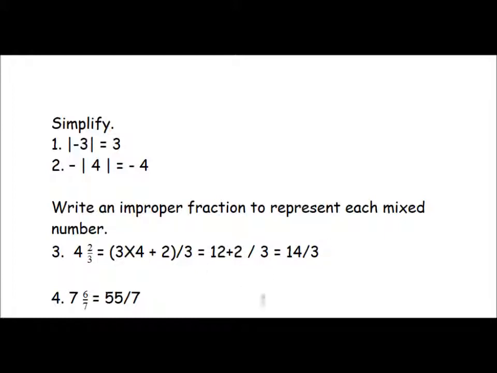To learn it the other way around, I will explain by dividing. 14 divided by 3.